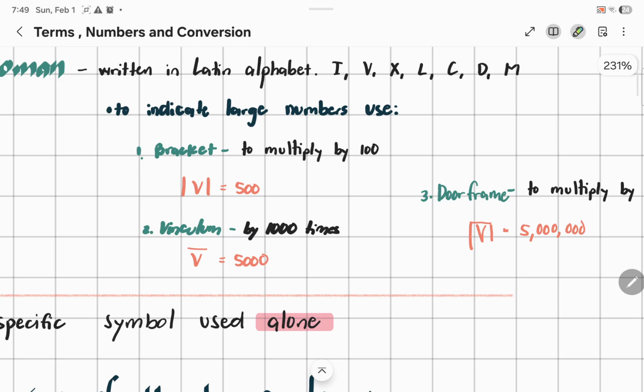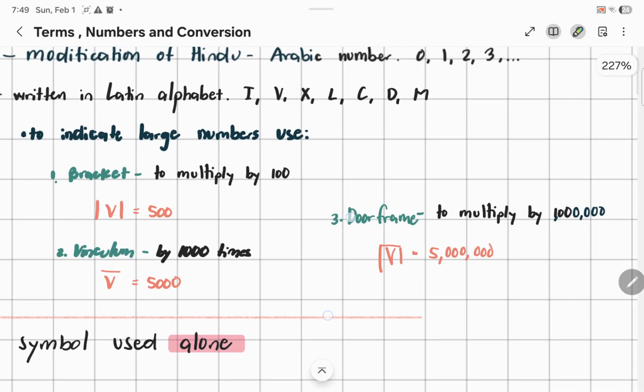Now, the vinculum is used in order to multiply the number by 1000. For example, we have the V again, and we put a vinculum on top. That's just 5 times 1000, which is equal to 5000.